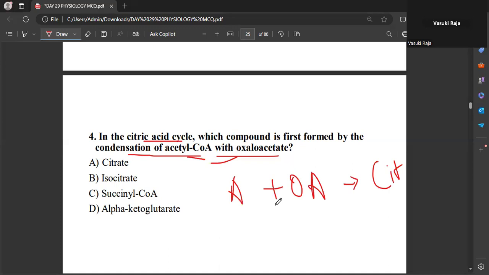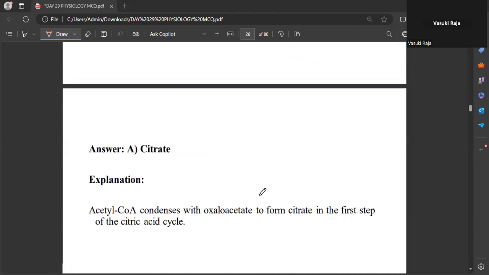Which enzyme is catalyzing this reaction? Everybody forgot, right? Kindly go through the cycle once again.